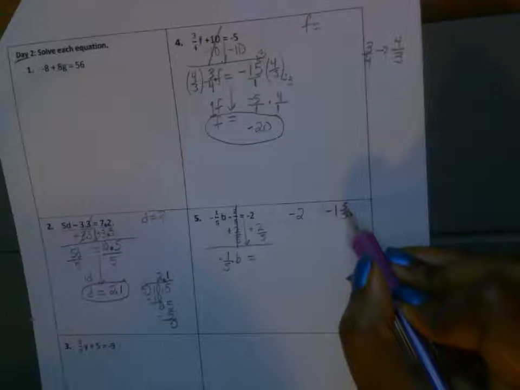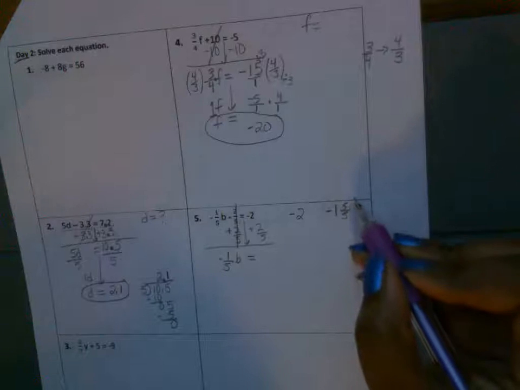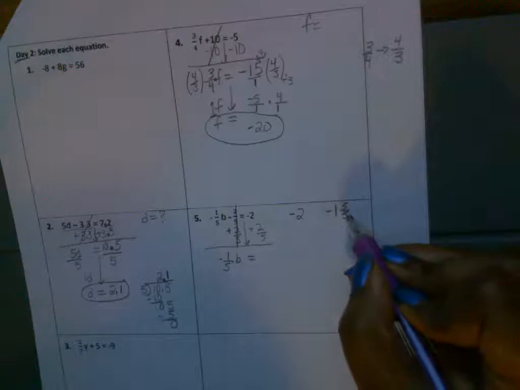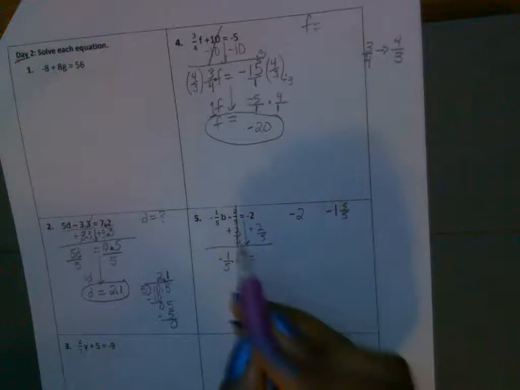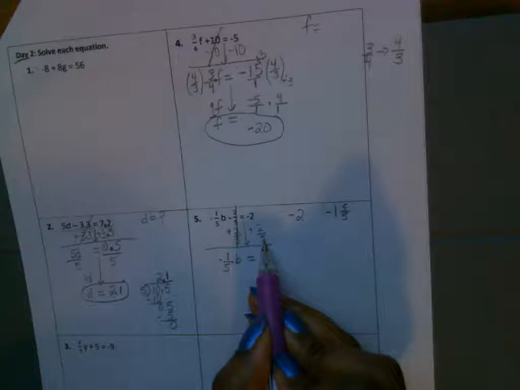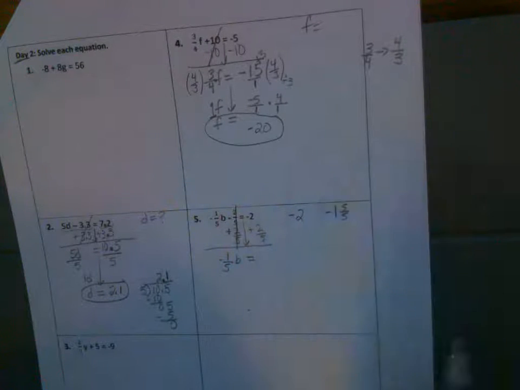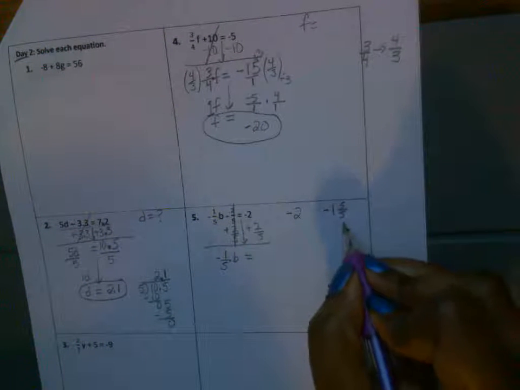I'm using 5/5 instead of 3/3, 4/4, 6/6, 100/100. I'm using 5/5 to represent 1 because this denominator here is 5. Okay, so I'm using 5/5 so I don't have to find a common denominator. So I'm going to put the 2/5 over here.